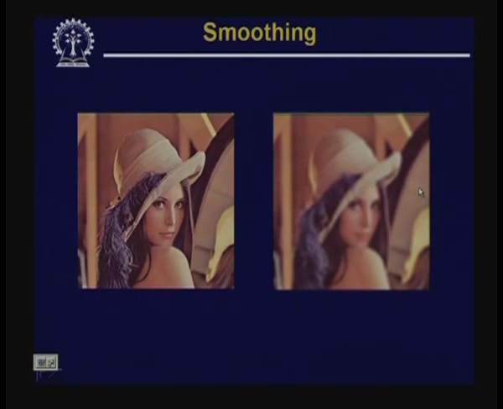As we have done the smoothing operation, in the same manner we can also go for the sharpening operation. We have discussed in connection with our intensity images that an image can be sharpened by using second order derivative operators like the Laplacian operator.